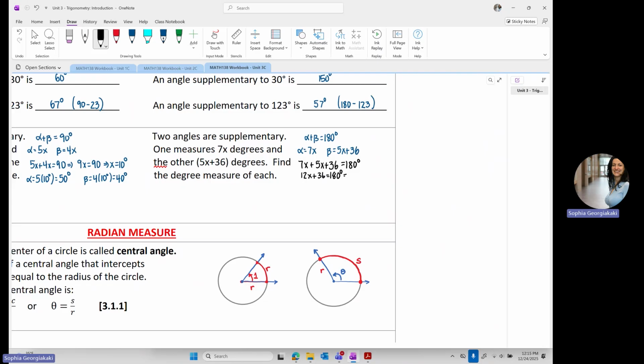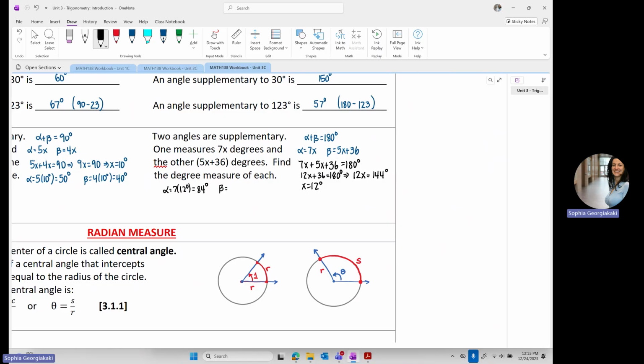I will subtract 36. 12x is equal to 144 degrees, and therefore x is equal to 12 degrees. So alpha will be 7 times 12 degrees, and that is 84 degrees.